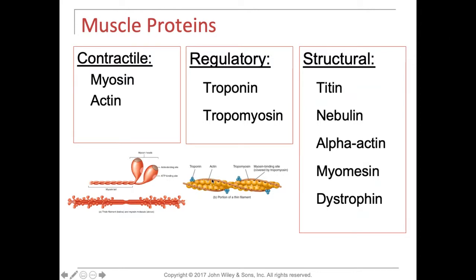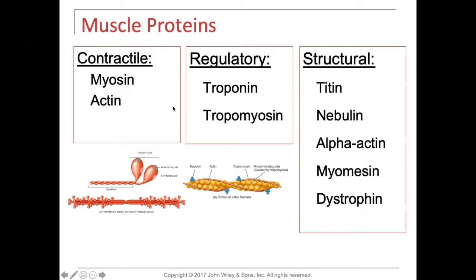If you can remove the staples, if you can remove troponin, then tropomyosin can shift, move out of the way. And if tropomyosin shifts out of the way, this binding site on actin becomes opened and exposed, so that the myosin heads can find a place to contact and create the contraction.